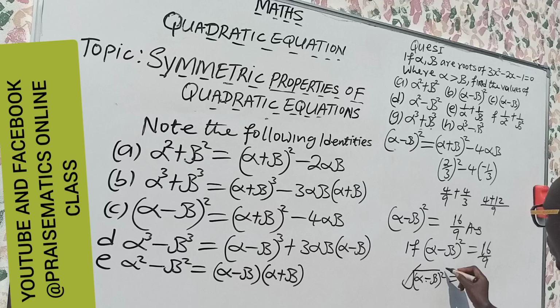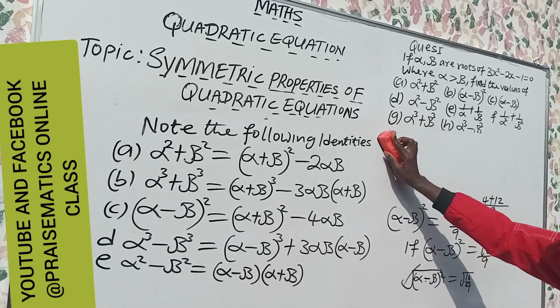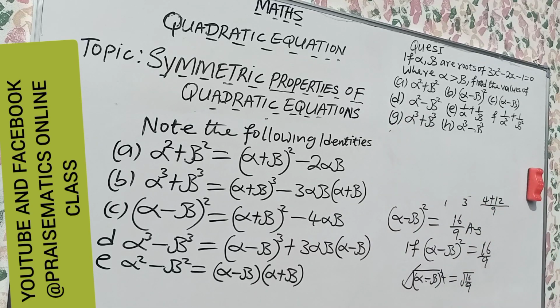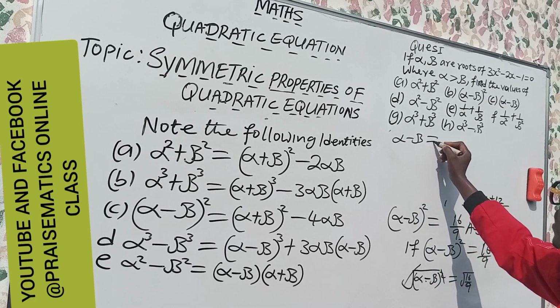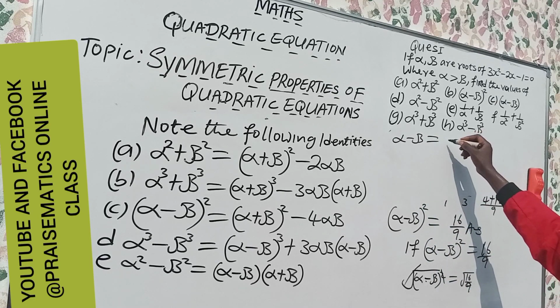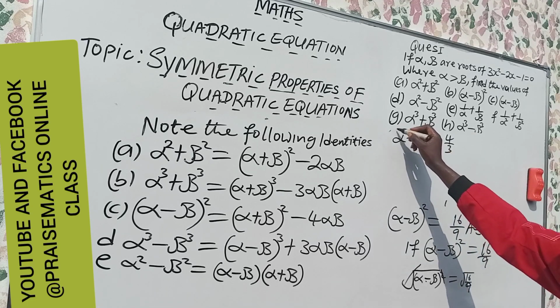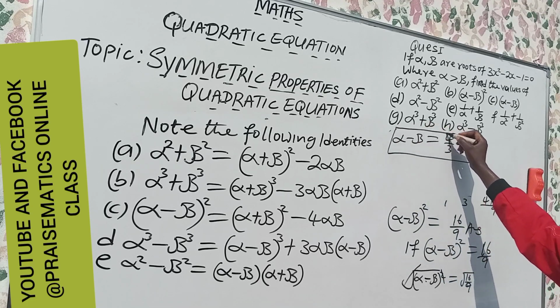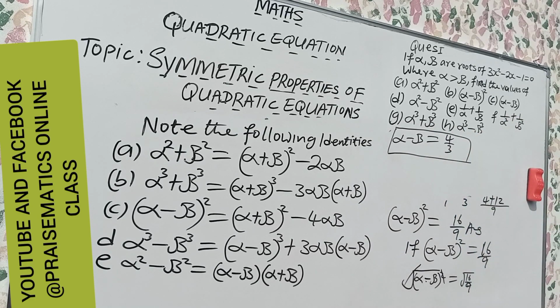So this square root will cancel this. We are left with alpha minus beta is equal to square root of 16, which is 4. Square root of 9 is 3. So your answer for solution C is 4 over 3. And that is how to solve it.